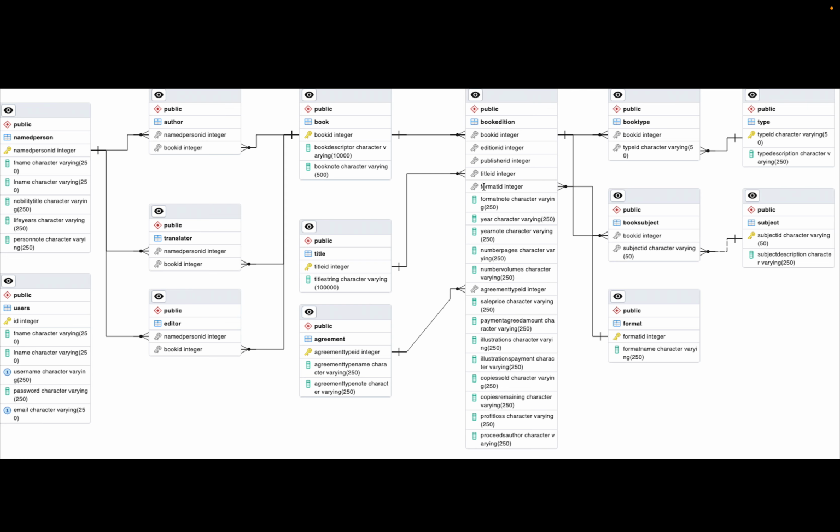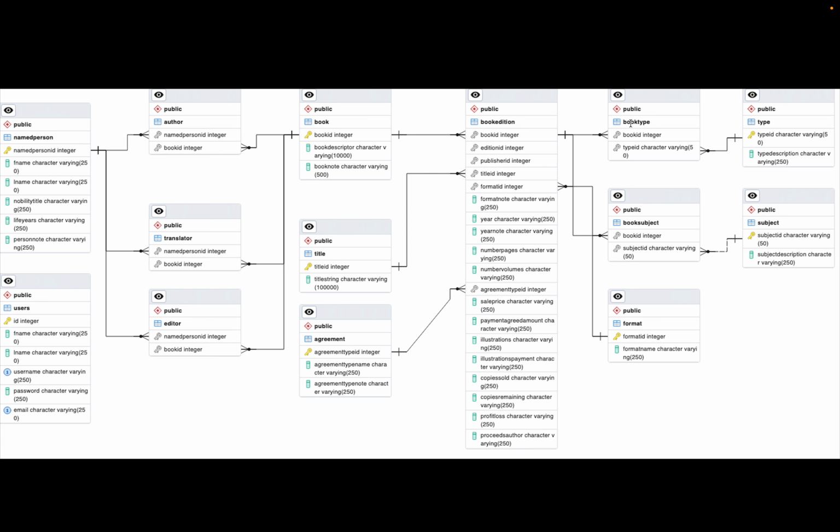Many of the details about the book are specific only to particular editions of the book. Sometimes they were published with illustrations, sometimes not. And the agreement is specific to a particular edition. The title is specific to a particular edition.